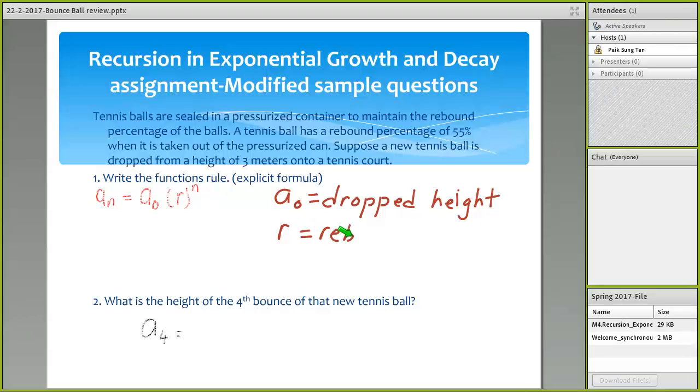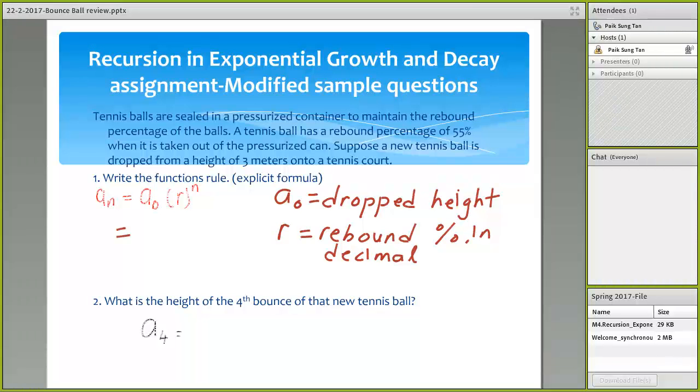In this case, it is the rebound percentage. But it has to be in decimal. And n represents the number of terms.